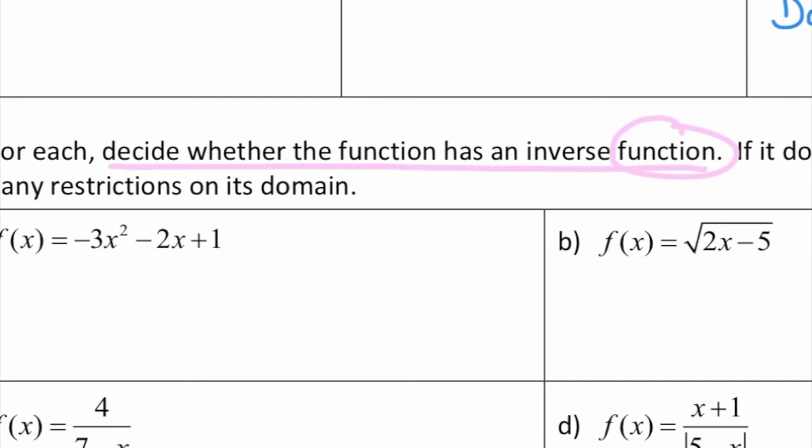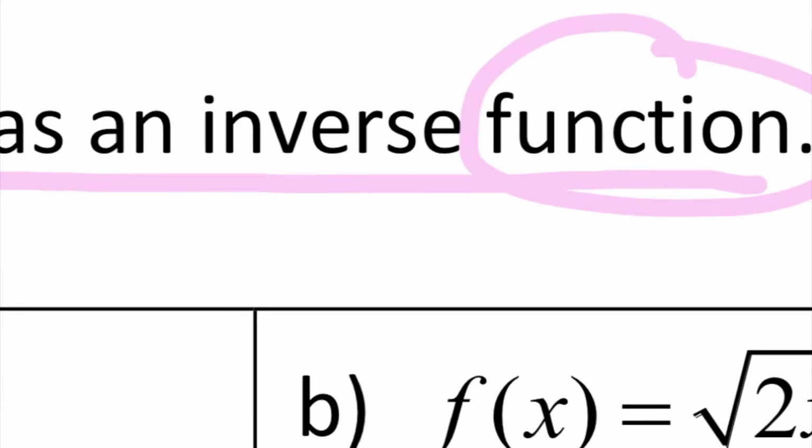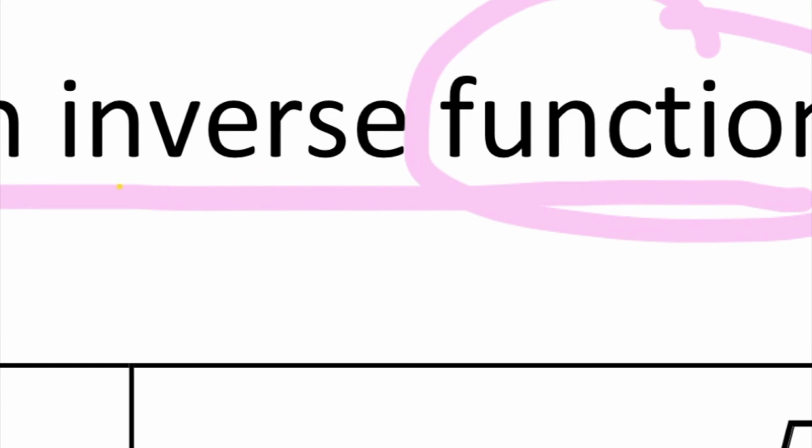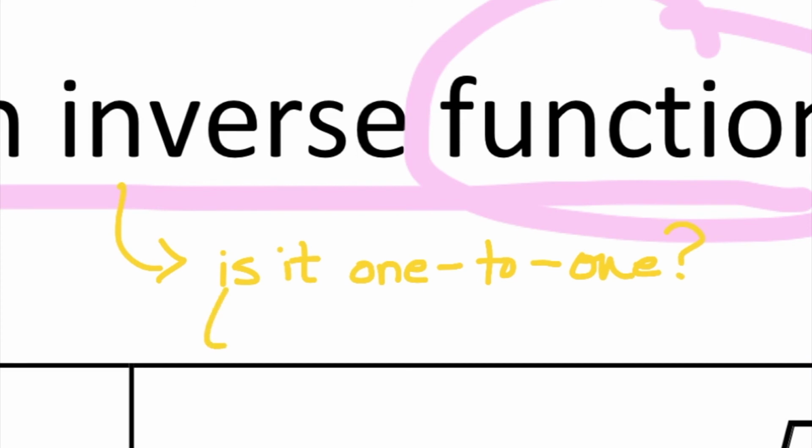It's just whether the inverse is a function or not. And so you really want to ask yourself, if it has an inverse function, then it's 1-to-1. So let's say we're going to ask ourselves the question, is it 1-to-1? Meaning, does it pass the horizontal line test?